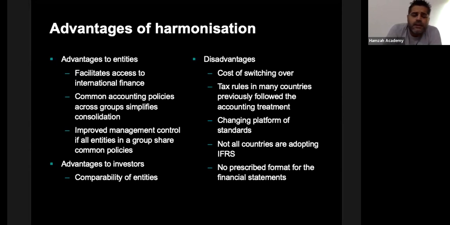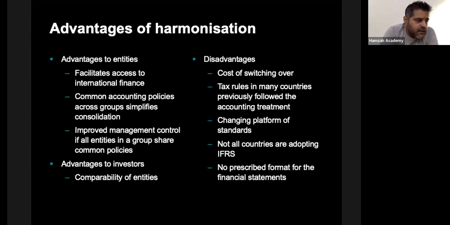And then, for a group with entities spread across the world, it is harder for management to identify performance problems if each entity is using different accounting policies. If all entities share common policies, it facilitates the production of regular management accounts and reports.